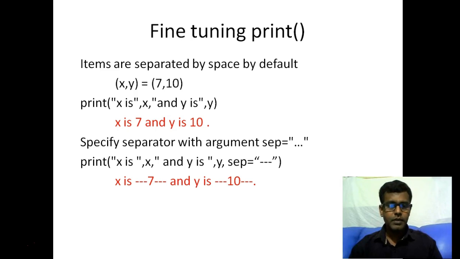Automatically the output will be x is, then the separator gets printed, that is 3 hyphens, then the x value, then the separator, and the message "and y is", then the separator 3 hyphens, then the value. This is the way to use separators between the message and the values. The separator will be printed whenever you have a comma between the message and the values. That is the reason for getting the separator between x is and then the value.